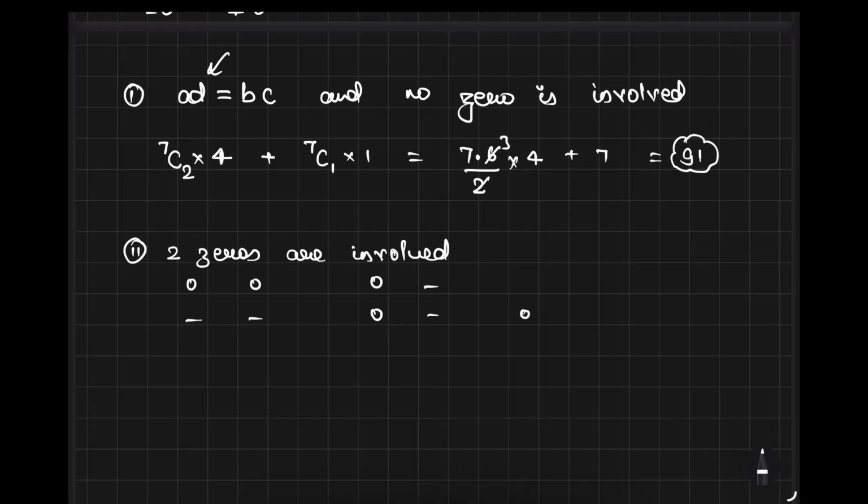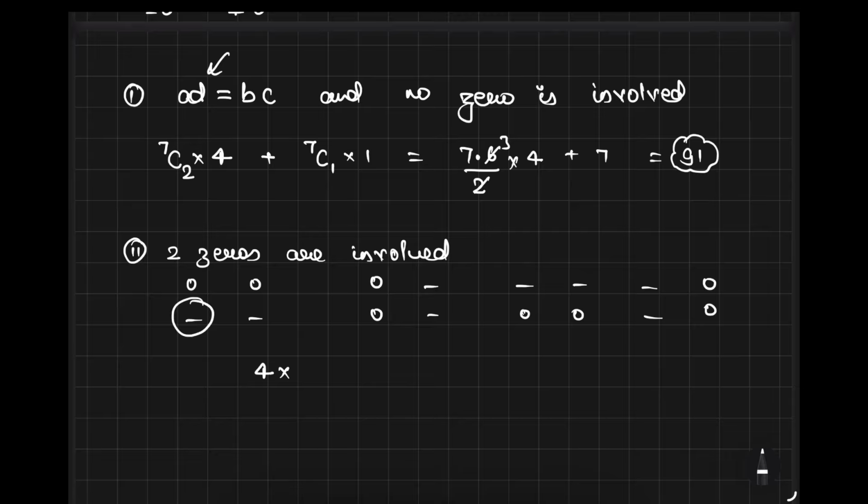Then 0 0, this 0 0, then 0 0, this again it is 0. So if you use two zeros, there are 1 2 3 4 ways. And in the remaining places you can put anything, correct? So under this scenario we will have two zeros. So how many cases? Four cases. For 0 there will be four cases.